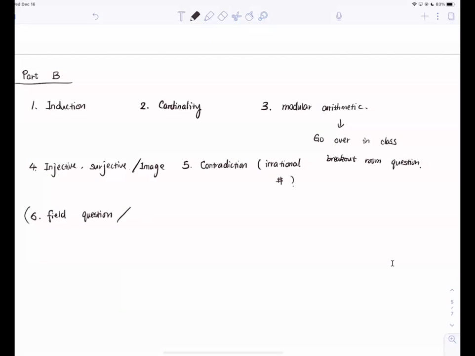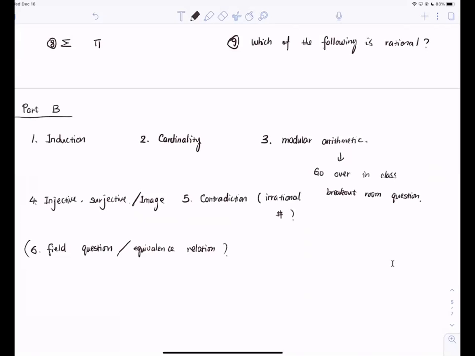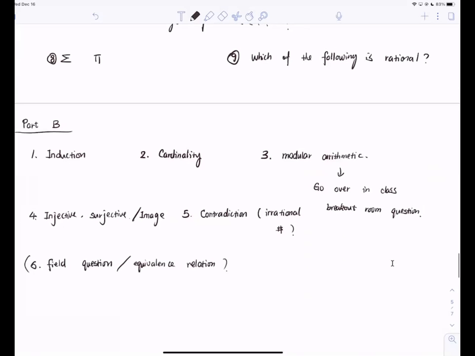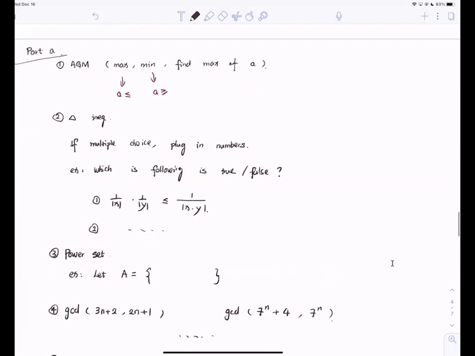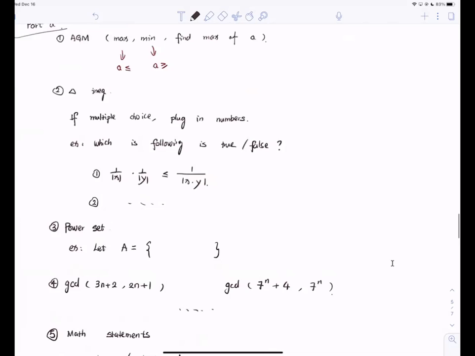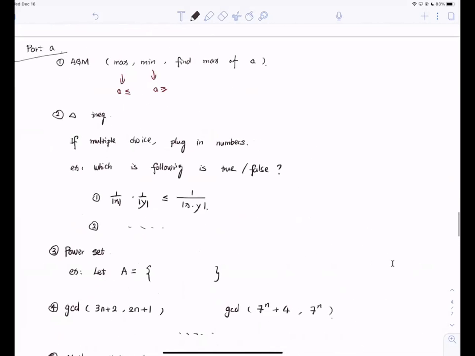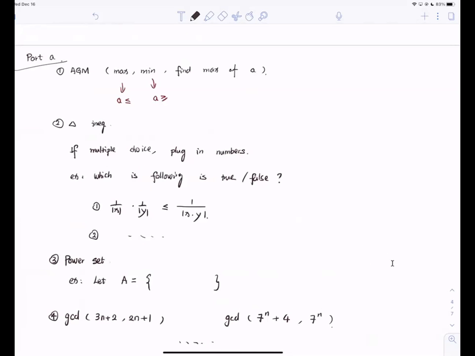Okay, or equivalence class, but I don't think it's gonna be here. Equivalence relation, because usually this is too easy and I don't think they'll give you a straightforward question like this. So 1, 2, 3, 4, 5 most likely. 6 is very unlikely. I don't know. Should be something like this.